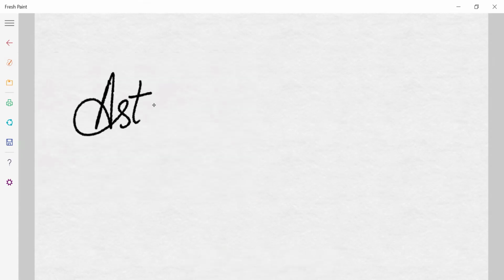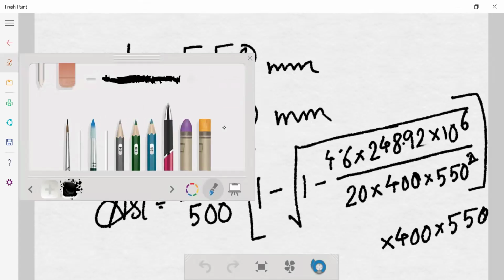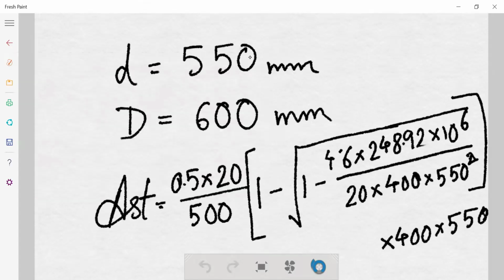So to find AST, it will be 0.5 into FCK by FY into 1 minus root over 1 minus 4.6 into 248.92 into 10 to the power 6 divided by 20 into 400 into 550 square, into 400 into 550.